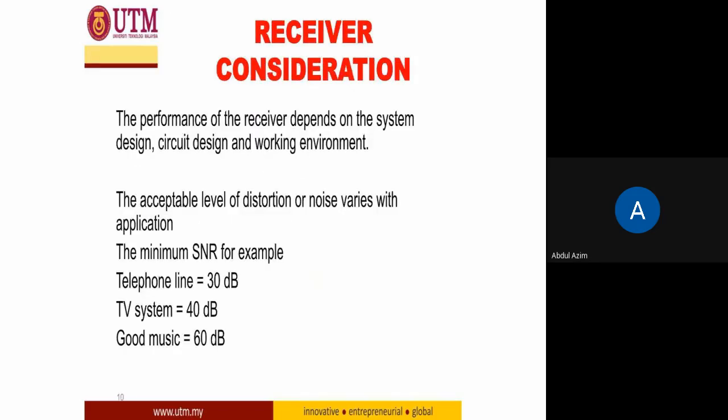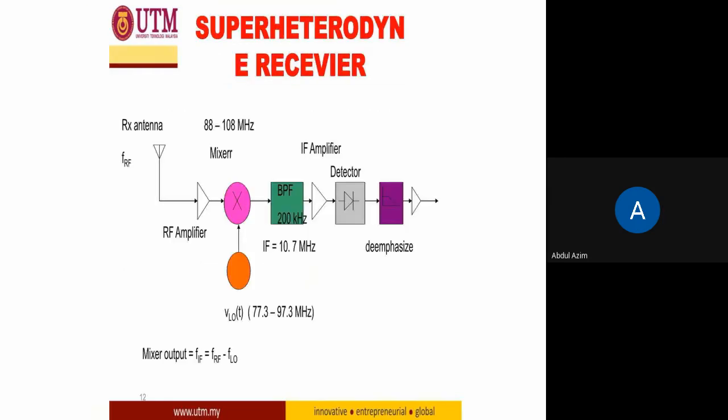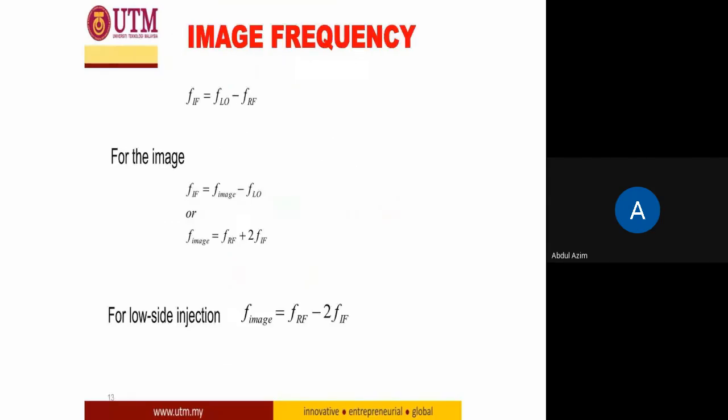So we have looked at some explanation of a basic receiver, and also some basic explanation of image frequency. I already went through this very fast.